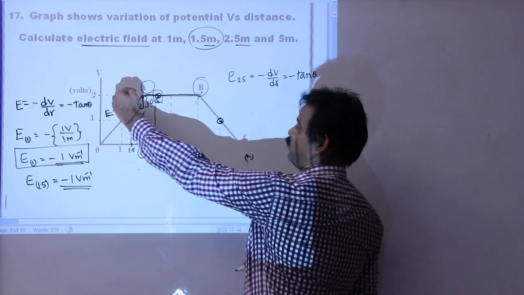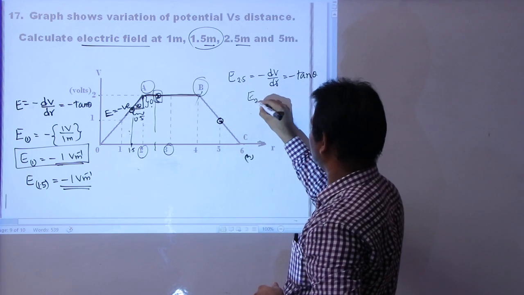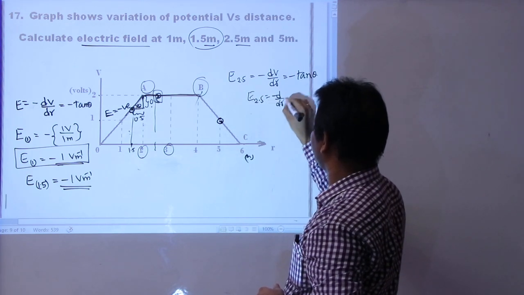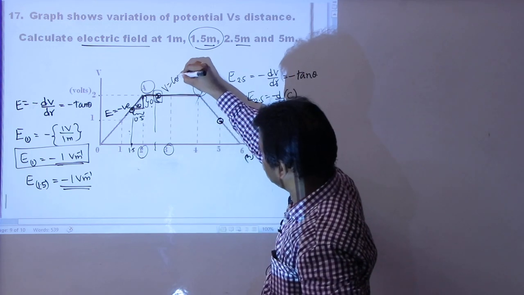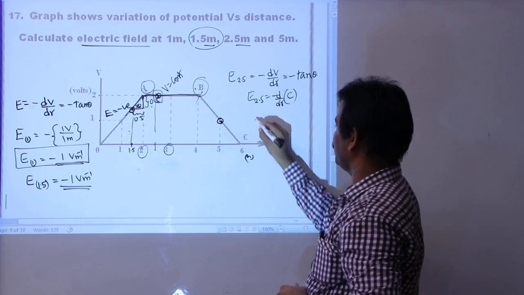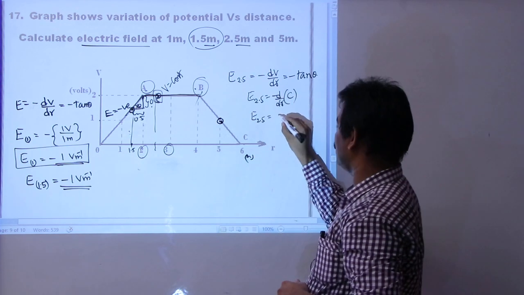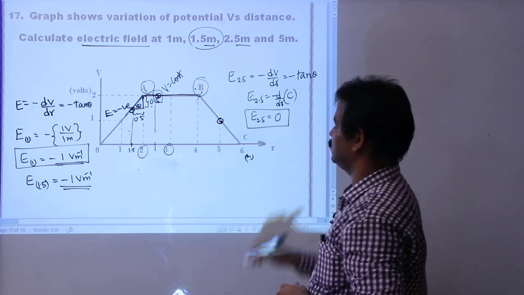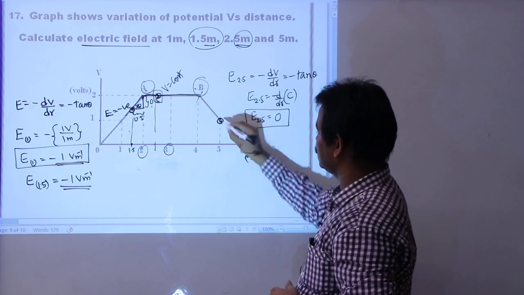That means it is not making any angle with the x-axis, so the potential is constant. So E at 2.5 is equal to minus d by dr of a constant, because the potential is constant between A and B. The derivative of a constant is 0. So the electric field at 2.5 is 0.